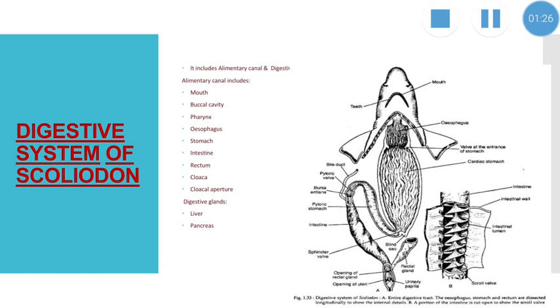So the alimentary canal is complete in Scoliodon. It is folded and distinguishable into several regions. It includes mouth, buccal cavity, pharynx, stomach, intestine, rectum, cloaca, and cloacal apertures.